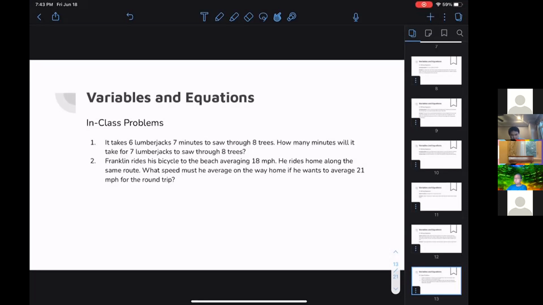All right, so I see some people have attempted number 2, but most people thought that average speed was the average of the 2 speeds, and it is not, as I covered earlier. And so I'll give people a little bit more time to think about it and see if anybody gets it.